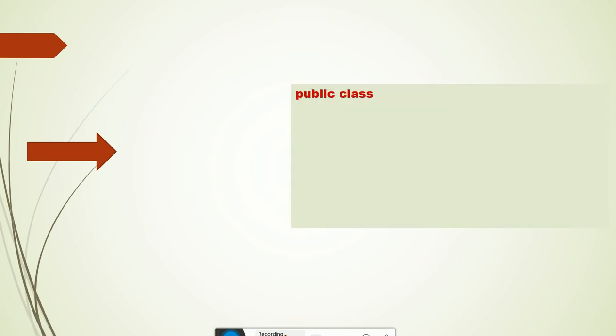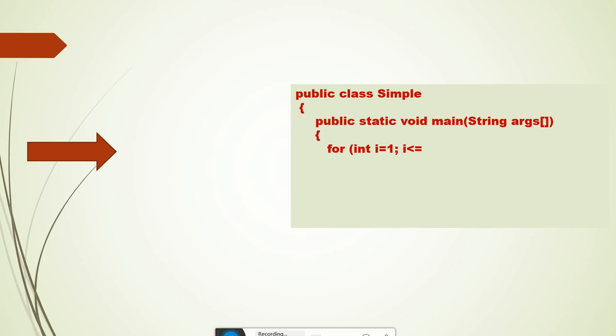See here, public class Simple is the name of the class. Inside this class we write the main method, public static void main. This is the basic template we can use for each and every program. Inside the main function you write the set of code that you want to execute.